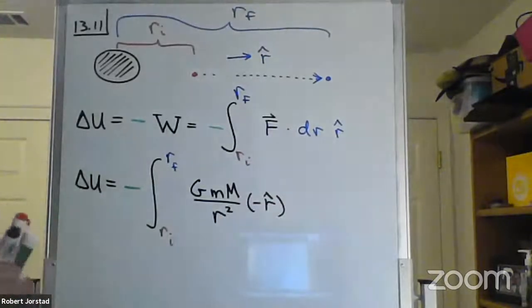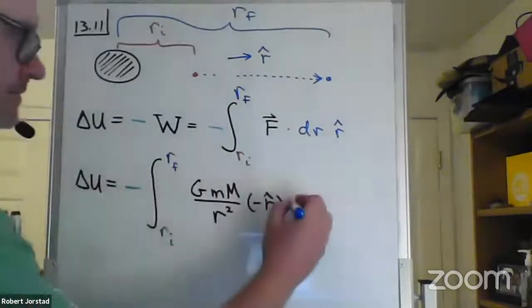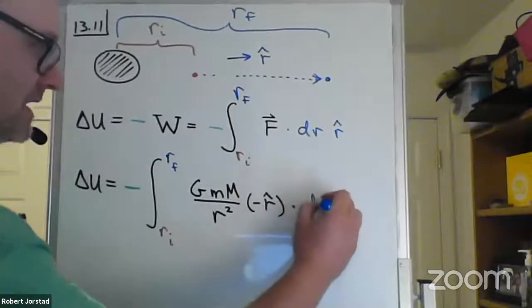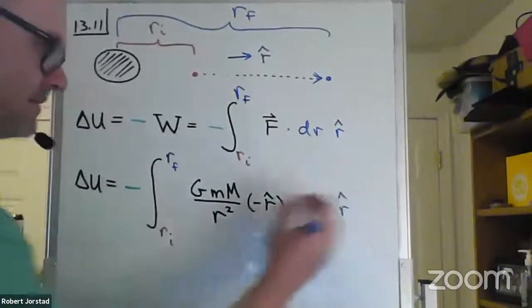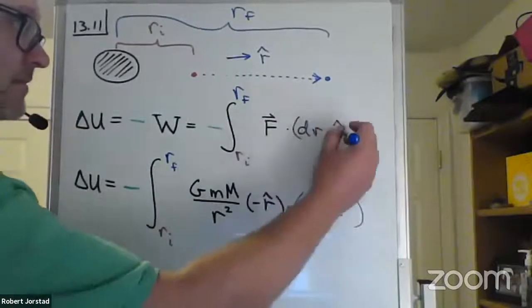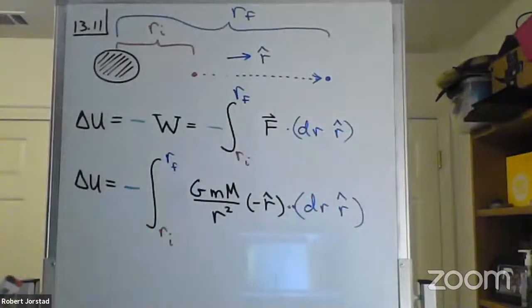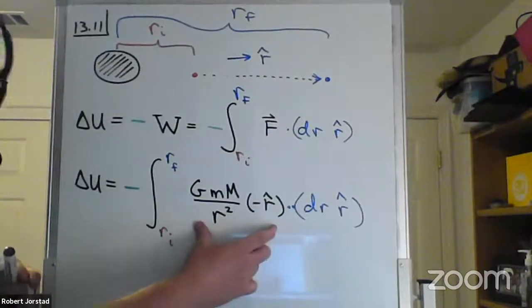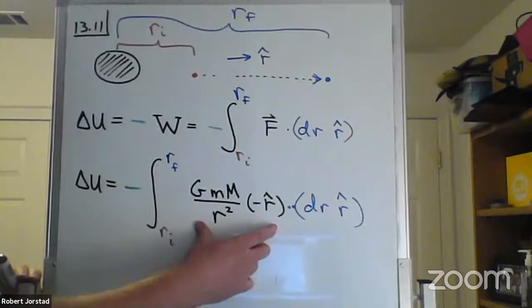And now I need to dot that with dr in the R hat. Well, we could do this one in a lot of different ways, but let me pause. Is everybody okay? That's just the gravitational force equation from whatever page it was.